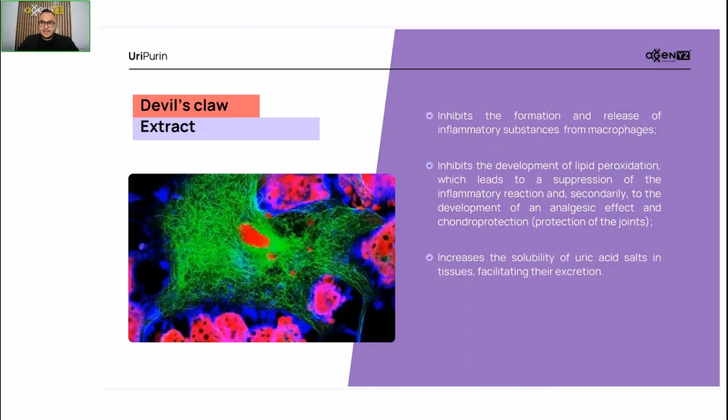It inhibits the development of lipid peroxidation, which leads to a suppression of the inflammatory reaction, and secondarily to the development of an analgesic effect and chondroprotection, which means protection of the joints. And it increases the solubility of uric acid salts in the tissues, facilitating their excretion.